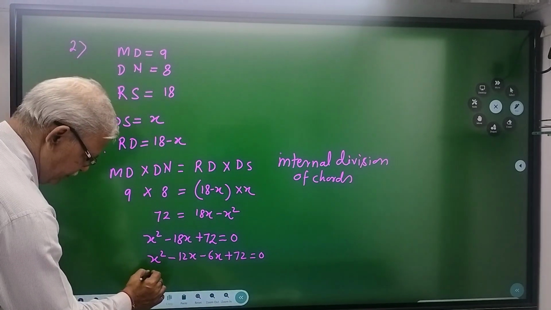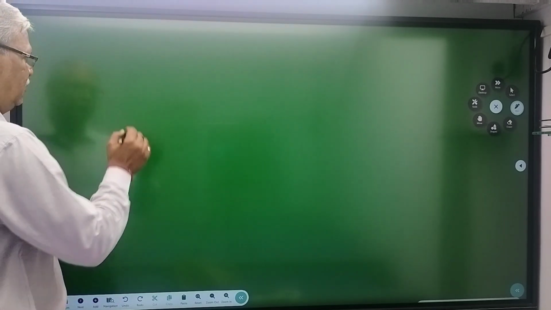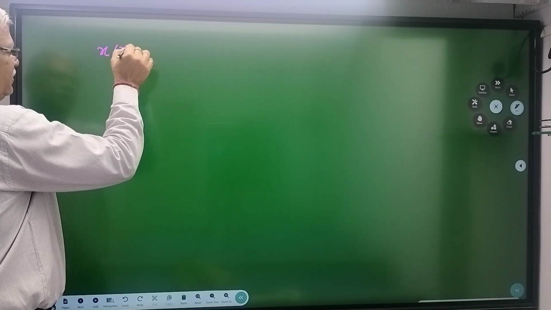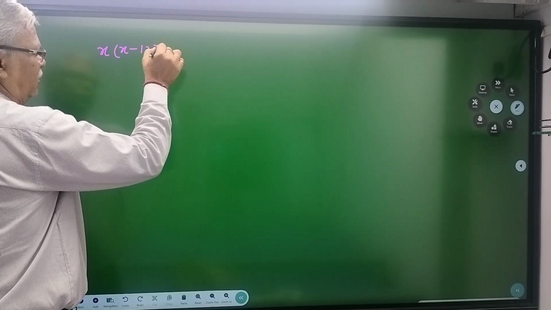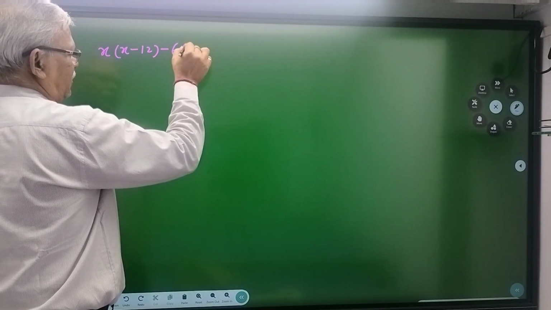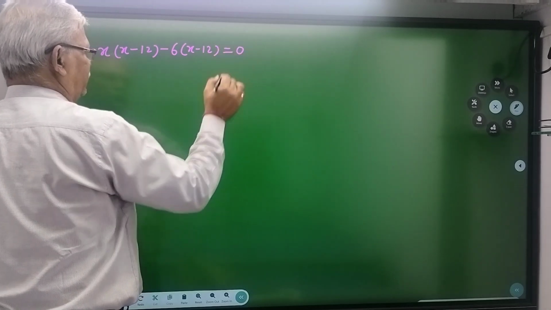Here on the next page we are going to write x minus 12, here it is minus 6, x minus 12 is equal to 0.